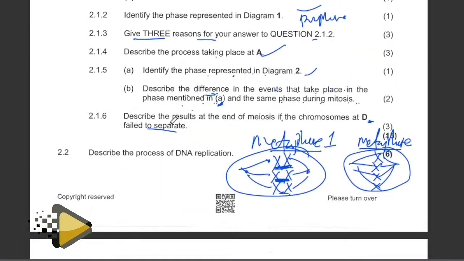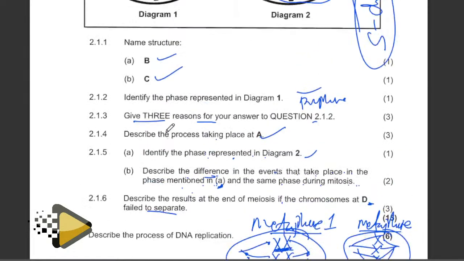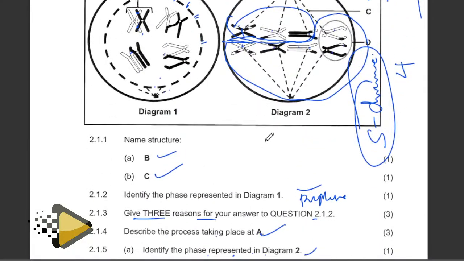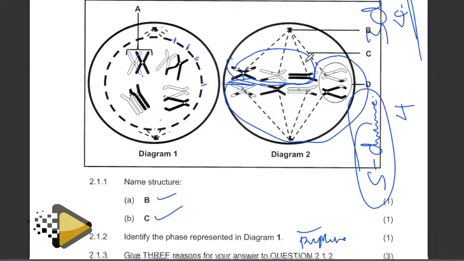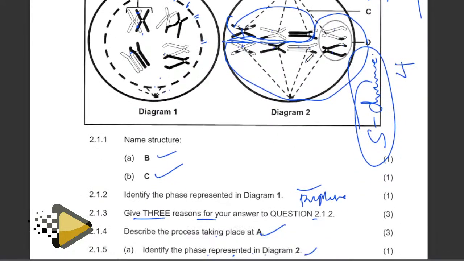So that's why they ask, describe the result at the end of meiosis if D fails to separate. It means that one cell will have an extra chromosome, 5 chromosomes, while the other will have 3 chromosomes instead of 4.